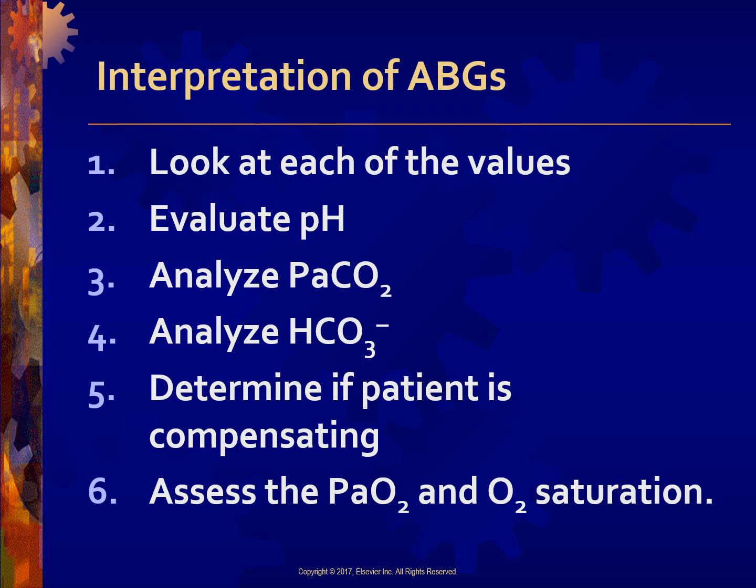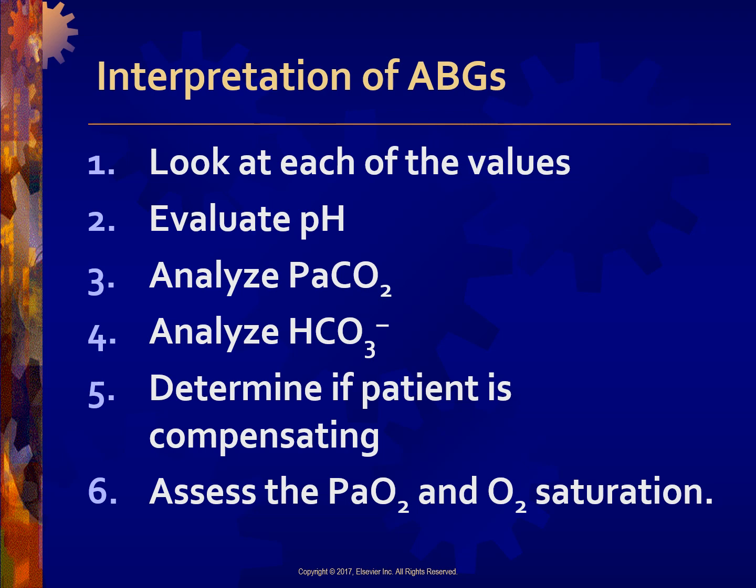When you look at a blood gas, you can look at this pH and you're able to see the first and last name of this blood gas. Because if you have a pH that is between 7.35 and 7.45, your blood gas is compensated. If the value is less than 7.35 or greater than 7.45, it's uncompensated.